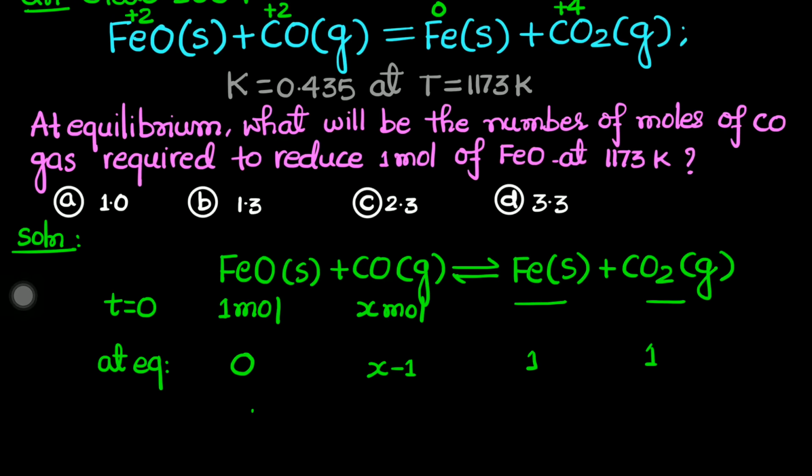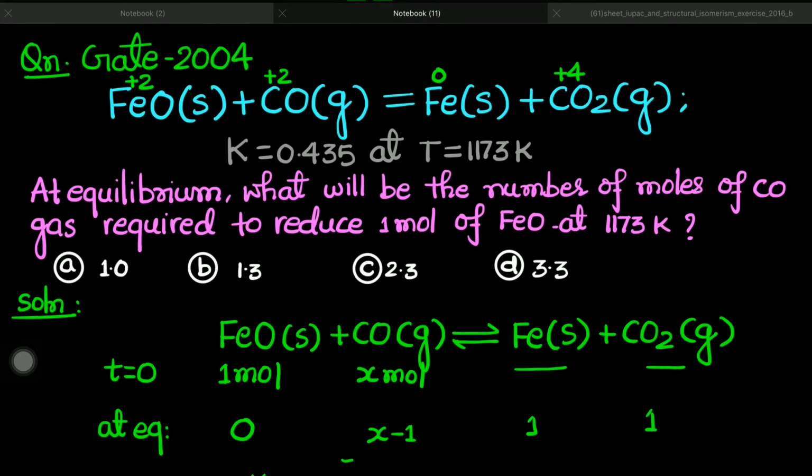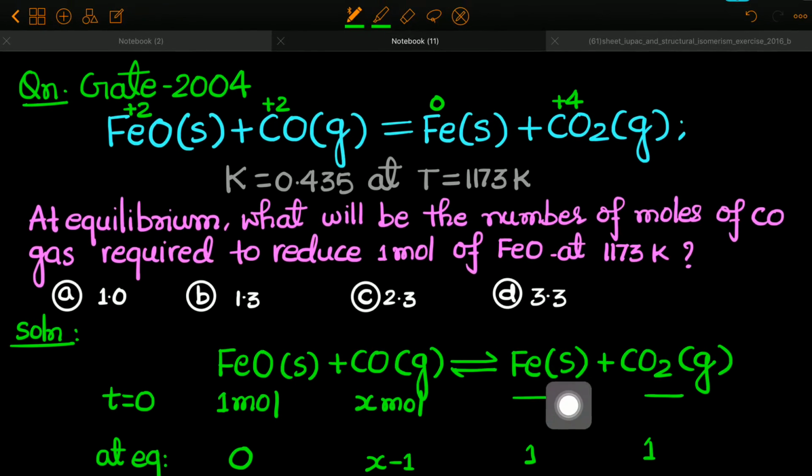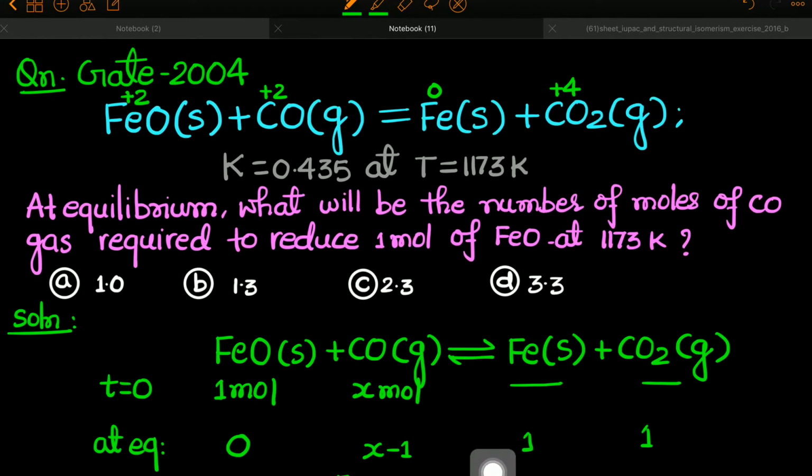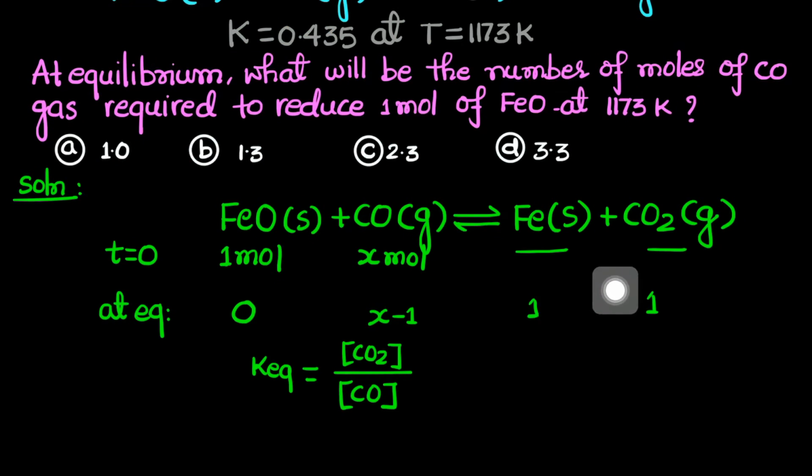Now K equilibrium we can write as the concentration of CO2 divided by the concentration of CO, because in the K equilibrium expression the activity of a solid is 1, so we will not write it. So only the gaseous product and reactant are written in the K equilibrium expression.